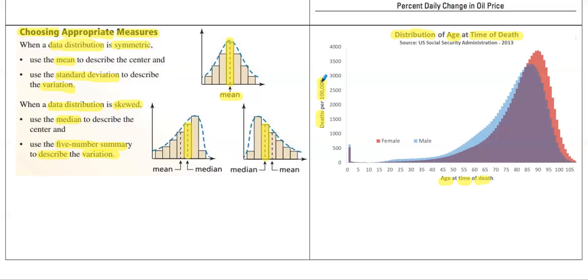Now, as you can see, most of the data is way off over here to the right. And as time goes on, we're getting better and better at different medical technologies and preventative measures that people can take to live longer lives, which just seriously includes taking a walk every day. If you are just eating Cheetos and playing video games all day, every day, it's okay when you're 13 or 14.